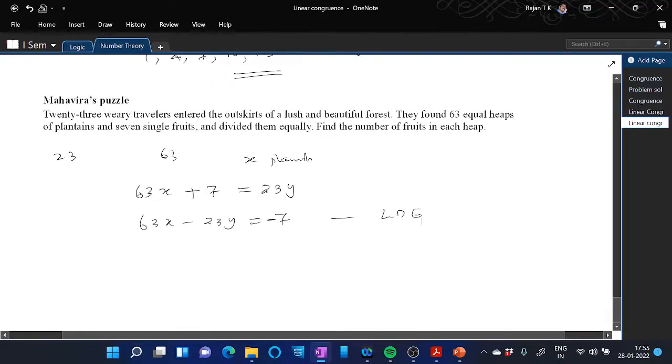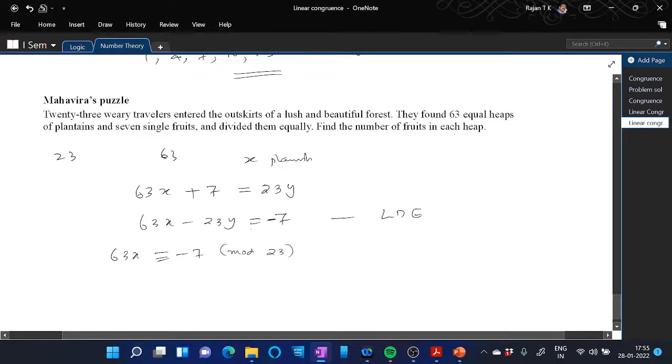In order to solve a linear Diophantine equation, we actually solve the corresponding linear congruence. See here. This linear Diophantine equation generates two linear congruences. One is 63x congruent to minus 7 mod 23.